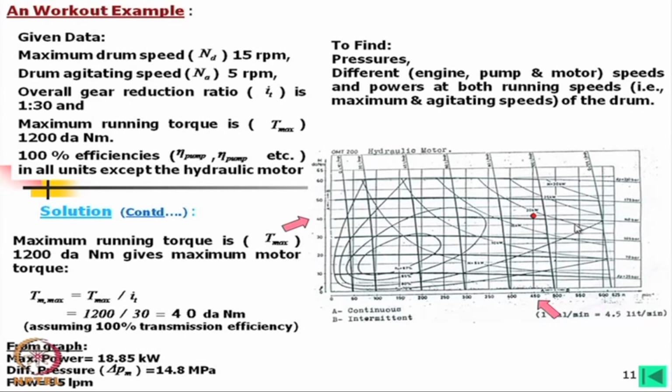To me it is around 18.85 kilowatt. And what is the pressure? This is 140 bar, which means 14 megapascal. Therefore, it is around 14.8 megapascal that we have estimated.